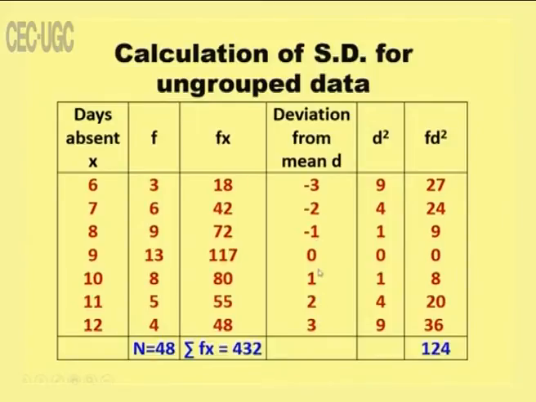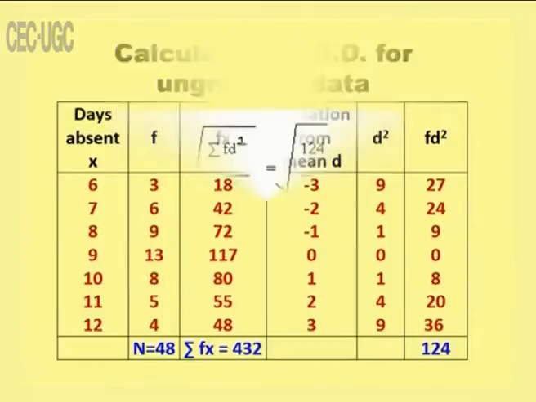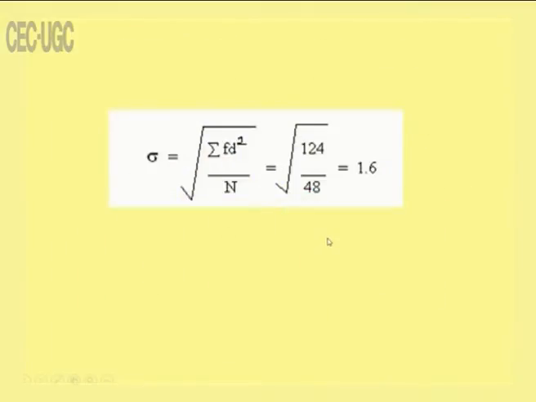These are all the deviations, and then the square of the deviation, and f d square. So, here we have summed up the total frequency, that is 48, summation of f x and summation of f into d square. All that we have tabulated and calculated, and now we have to put it into the formula.